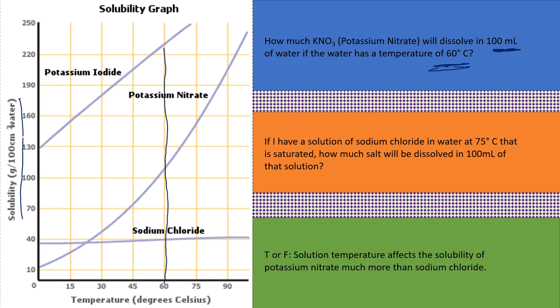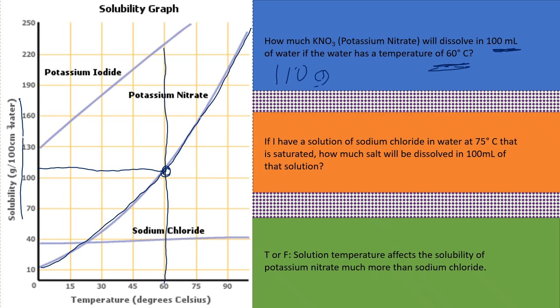Which is this line here. At 60 degrees, we cross the potassium nitrate line at this point right here. And that would correspond to our y-axis, somewhere between 100 and 130. I'm just going to guess, since it's closer to 100, I'm going to guess 110 grams.